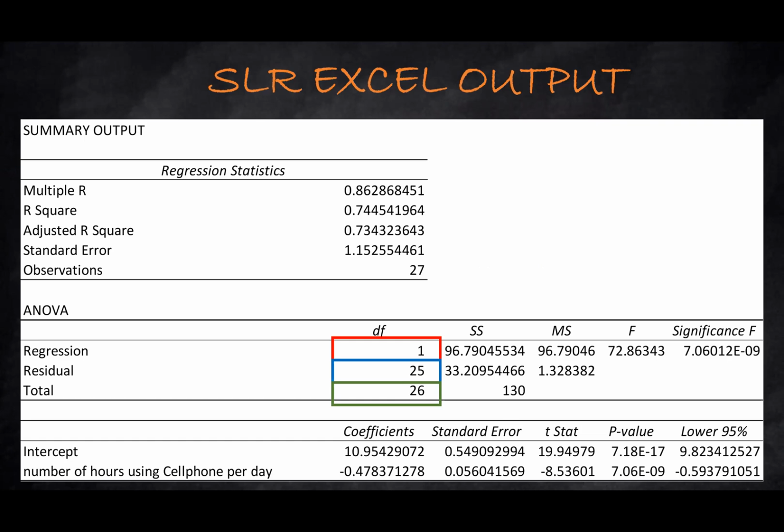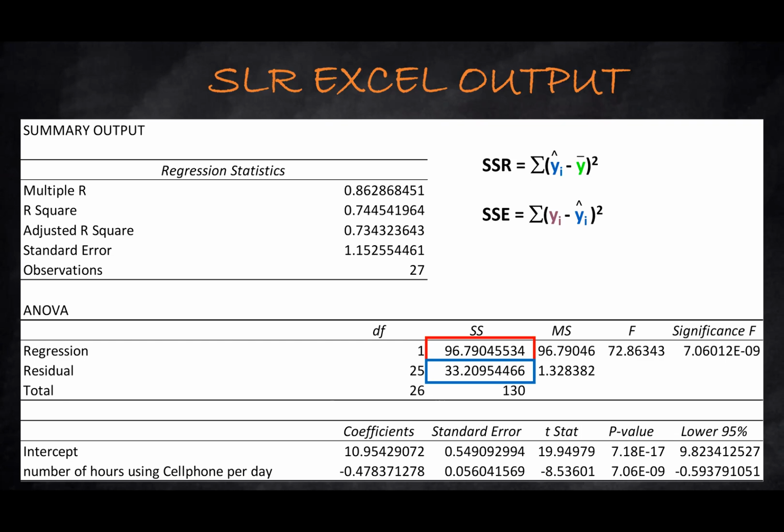The next column, the SS column, represents the SS regression, using this formula here on the slide, the SSR formula, the SS residual, which is the SSE, and the SST, which is the SS total.